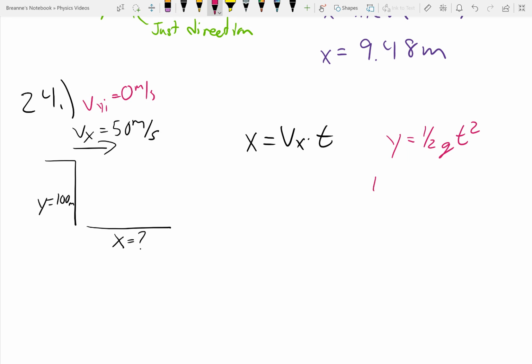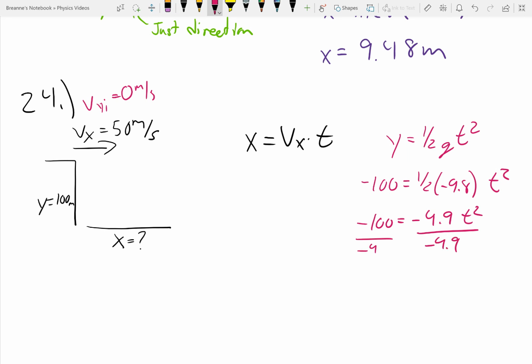So we have our height, which is 100. One half, and remember, our gravity is negative 9.8. The model rocket is going down, so it's a negative 100, because remember, it's just direction. We're trying to solve for t. So that gives us negative 4.9, and t squared is being multiplied, so we divide.